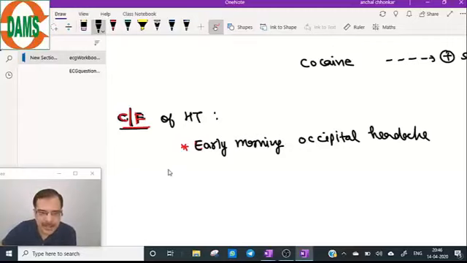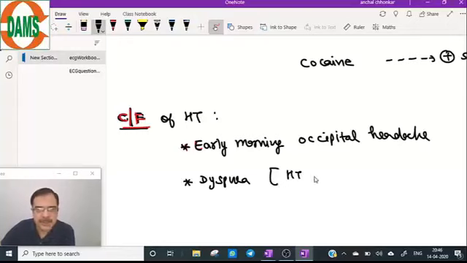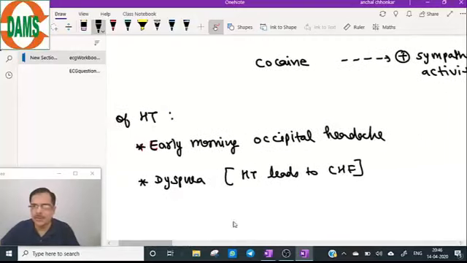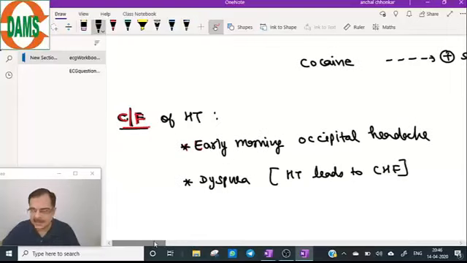The second important symptom of hypertension is dyspnea. Reason: hypertension leads to CHF. It leads to CHF. Beta 1 receptor stimulation, which we have done earlier, means systolic BP will increase.